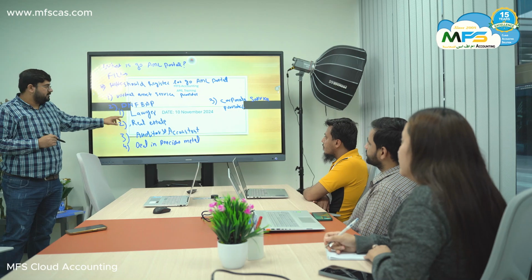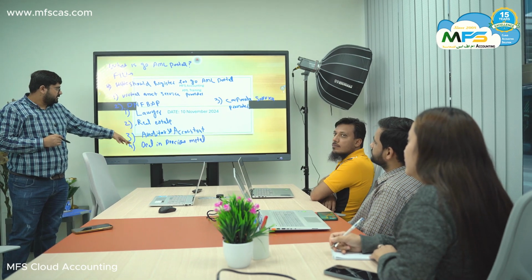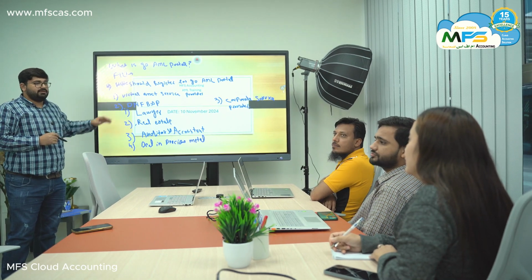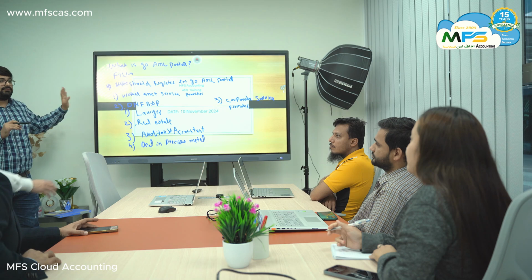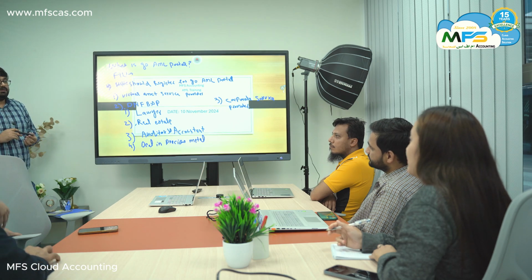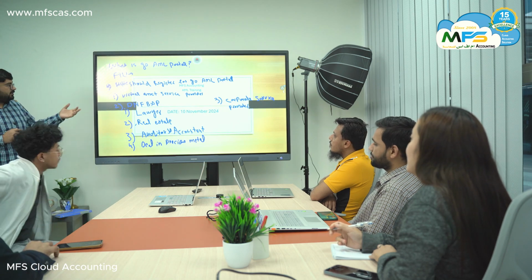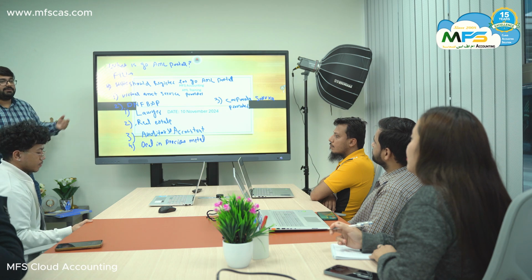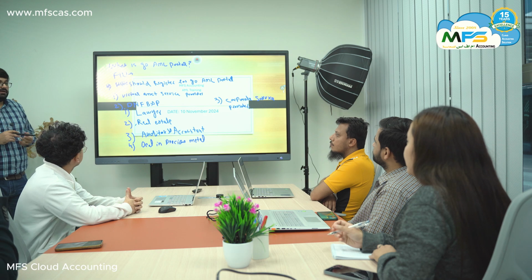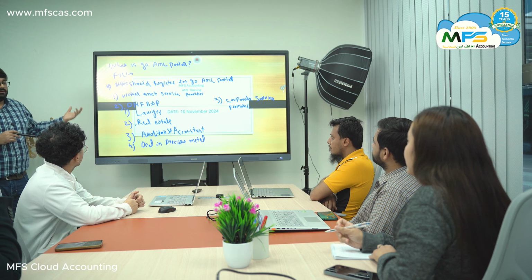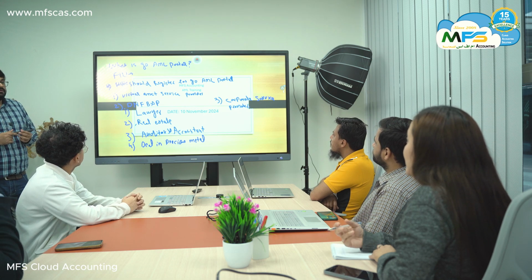Mostly when they deal in such businesses, like lawyer, real estate, auditing, and dealing in precious metal, they must register for GoAML. If they find any suspicious transaction or activity, they must report to the FIU. If they do not, they may face penalty from the authority also. So it is compulsory, and every year they need to renew the registration.